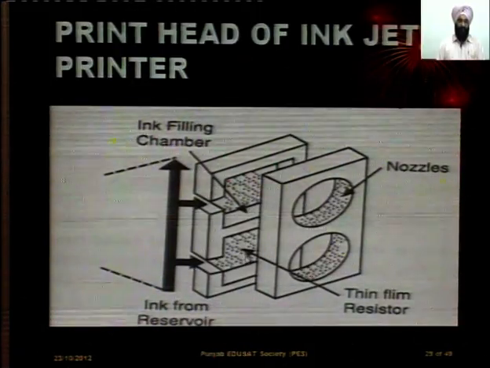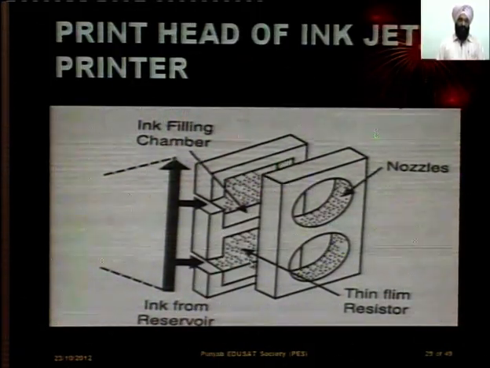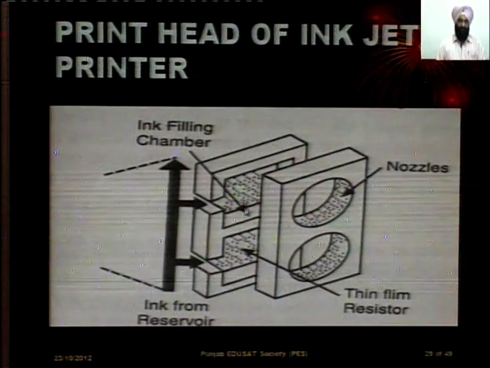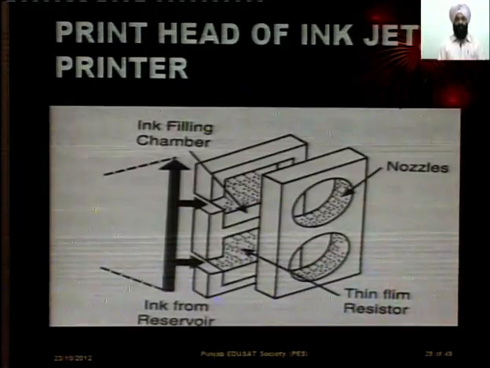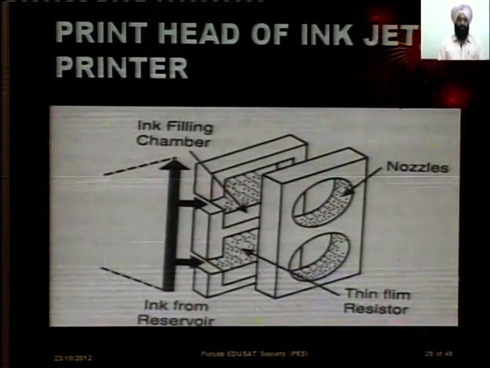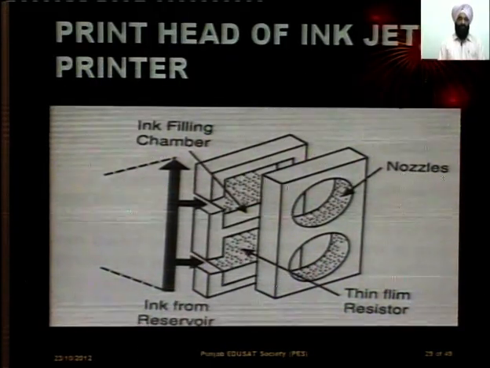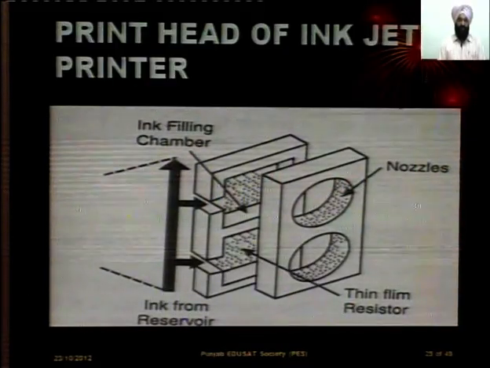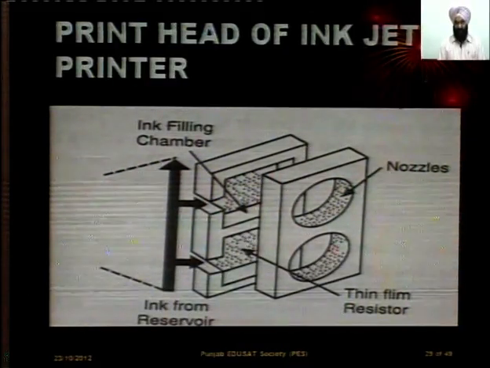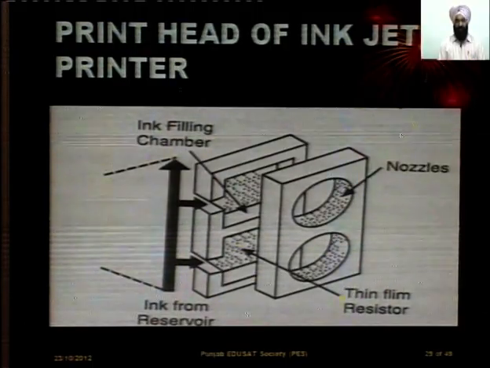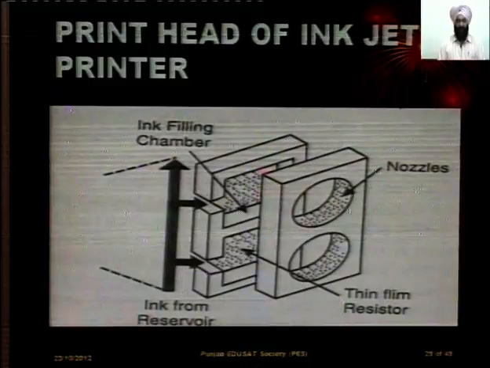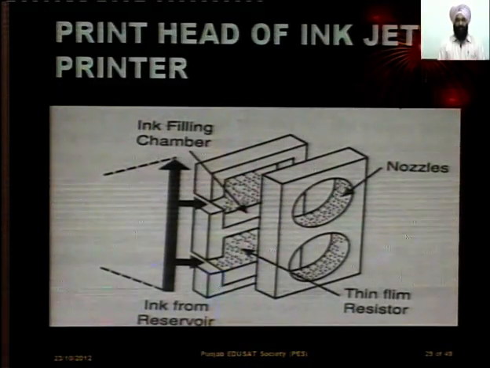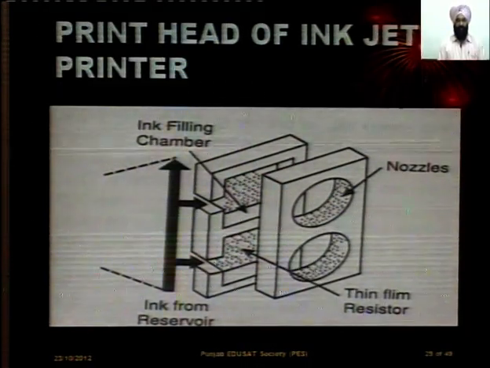When electric current is applied, as we have already discussed, it twitches the ink cartridge and the ink comes out of the reservoir, is filled in the chamber, and is sprayed on the required area of the paper with the help of these nozzles.